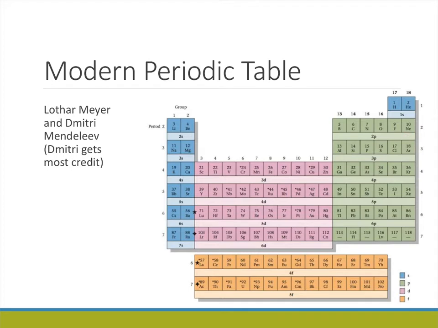So this is why all of our ions that we were told to memorize at the beginning of the course, group 1A forms +1, group 2A forms +2, group 7A forms -1, 6A -2, 5A -3. It's all because they're trying to be like the noble gases.